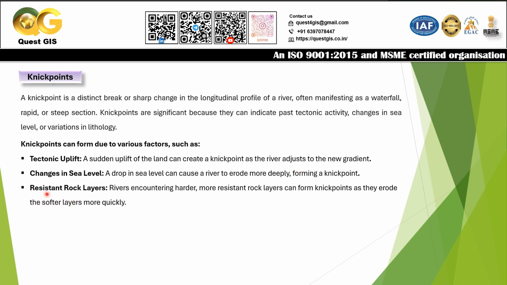If you have a transition from resistant rock layers to less resistant rock layers, then you can say that the river encounters hard, more resistant rock layers and forms a nick point, because it is easy to erode the softer layers, and that can be done more quickly as compared to the river eroding the harder or more resistant rock layers. Any of these reasons can explain these nick points.